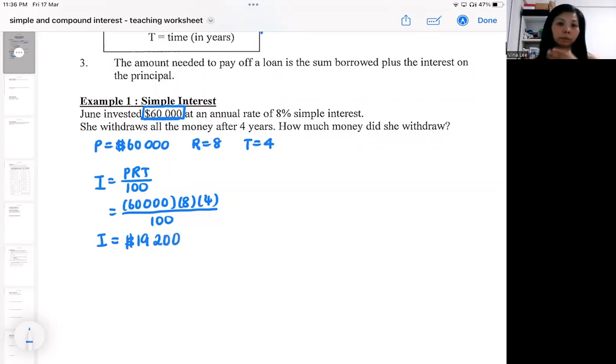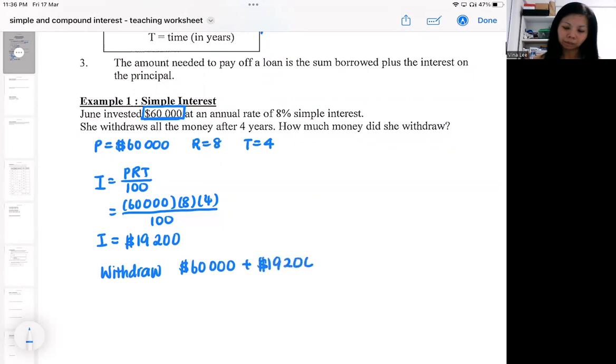But is she going to withdraw only the 19,000? No. One of the misconceptions some people have is forgetting this. She will withdraw whatever is originally hers plus the extra money, so she will withdraw a total of this. This one is a very simple question.